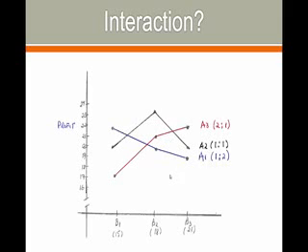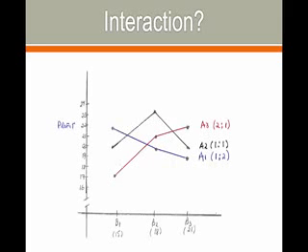Since I have a very strong interaction between my variables, I will have to look at them differently and analyze them differently. I will be able to say a few things though. Not everything is impossible, but there is some information that I can give.